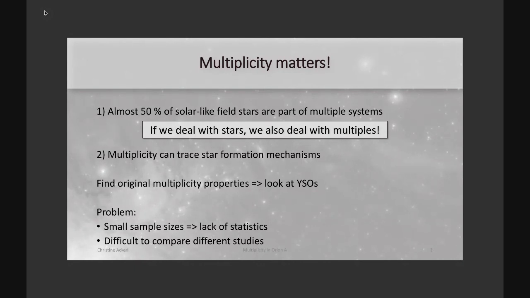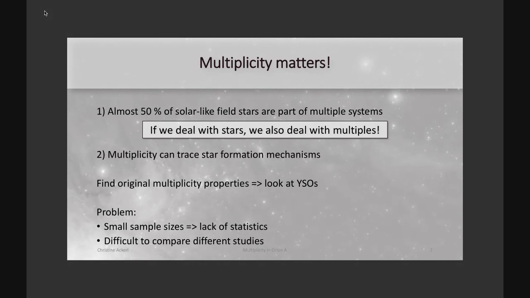So the problem is, of course, if we want to understand stellar multiplicity, we have to go back to the original multiplicity properties of stars, so to the very young stars. With this, it has been a problem so far that we are limited to small sample sizes, which of course lead to bad statistics, and the small samples in different star forming regions are very hard to compare.